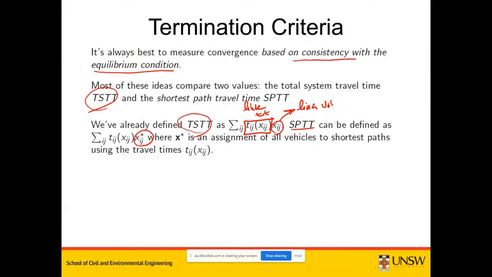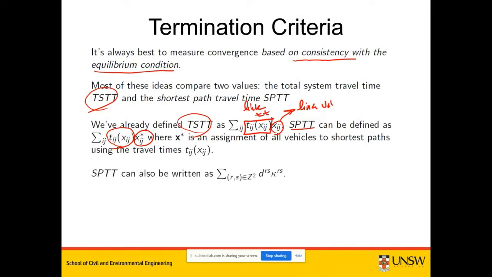It gives me the link volumes if all the demand was only assigned to the shortest paths. So we have the X stars, we have the travel times, and then we multiply them by each other, and then we calculate the shortest path total travel time. Again, we're going to see in an example how it gets calculated. So just bear with me for a minute or two, and then we'll get to an example.